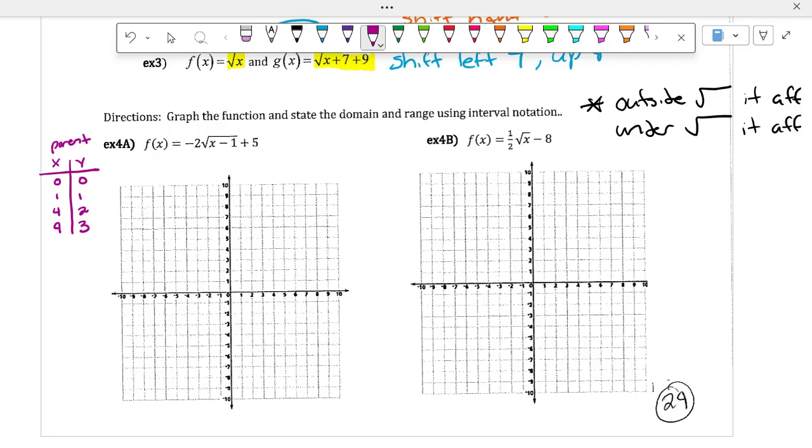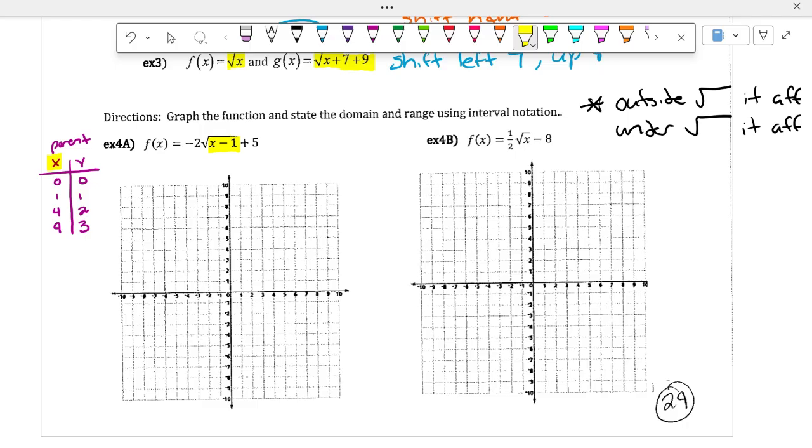Now, we're going to figure out what we need to do to our x's and what we need to do to our y's. All right. So let's look at x's first. So remember, x is going to be under the radical. So that's what's affecting our x's. Now, it says x minus 1. We're actually not going to be subtracting 1 to x. We're actually going to be doing the opposite. So adding 1. Why does that make sense?